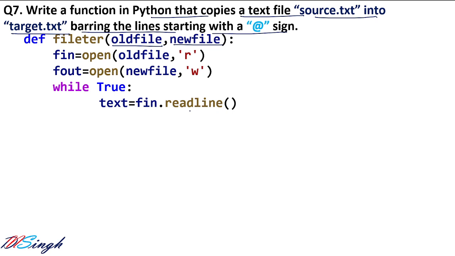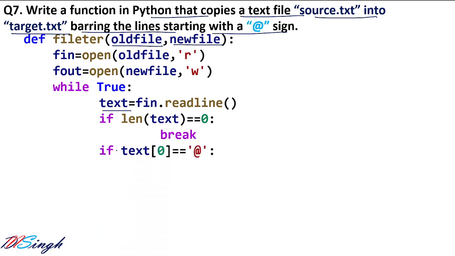Once you get that line in text, now your job is to check if this line starting, meaning the zeroth index, has the @ sign or not. So we will check it, like if length of text equal to 0, then break, because there is no line to read.